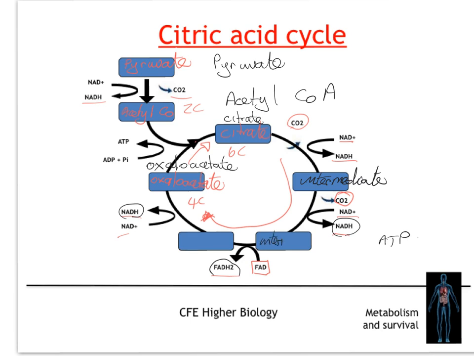So I'll just fill in the intermediates here. And you should have in your notes, for each of these stages, a note of what is happening as well. And then you can move on to have a look at the electron transport chain.